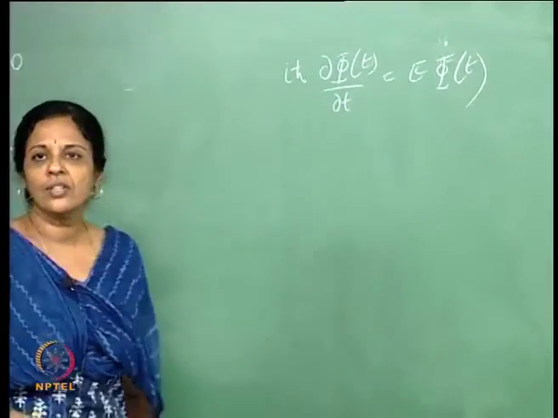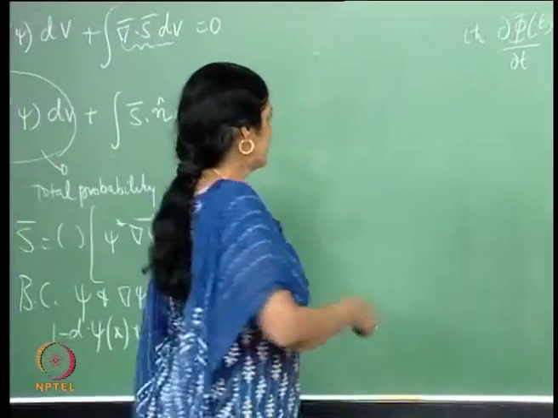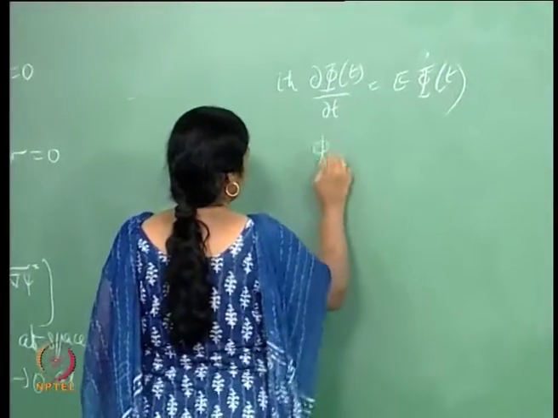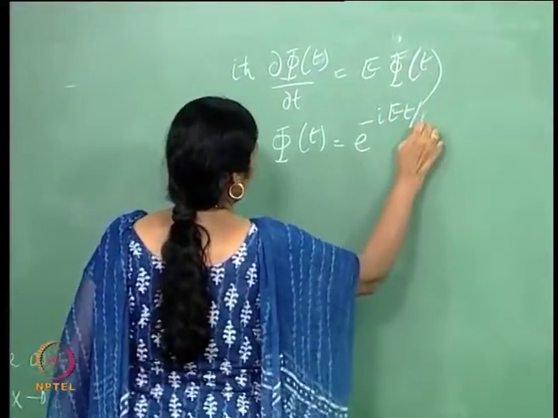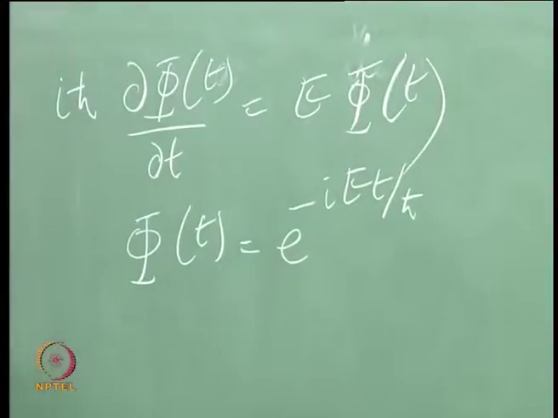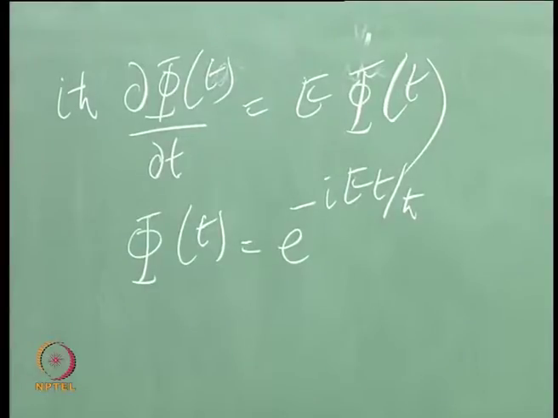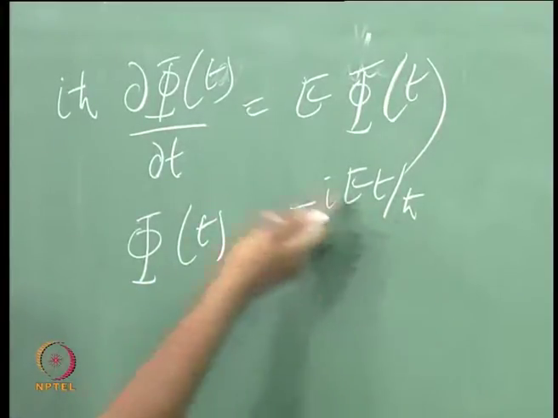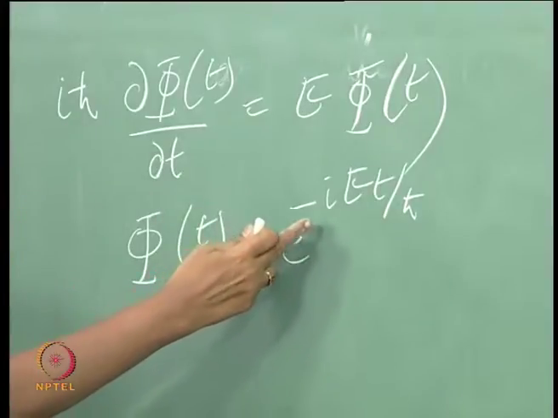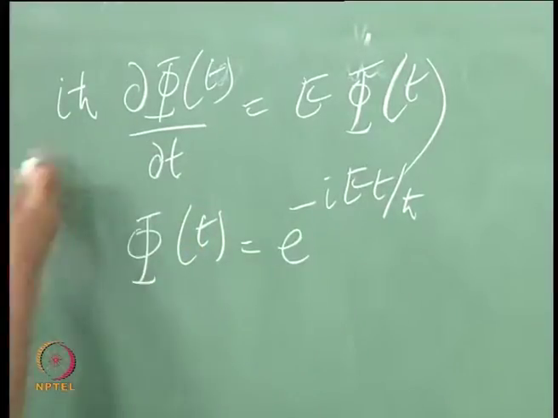The solution to this equation is very simple. φ(t) is simply e^(-iEt/ħ). The first derivative pulls out a minus iE/ħ, the ħ cancels, and with this I just get a plus. So I have an Eφ(t). That is all that there is to it.